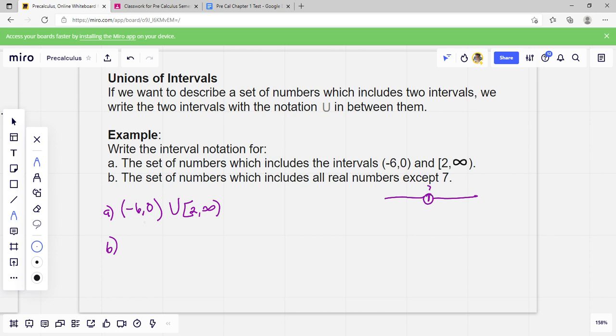We're going to write that as everything before it, so that would be negative infinity. Then we want to stop when we get to 7, but not include 7. So instead of a square bracket, we use a round bracket because it doesn't include 7. Then our union symbol. Then we're going to start back up at 7, but not include 7, and keep going to infinity. That's how you would do that one.